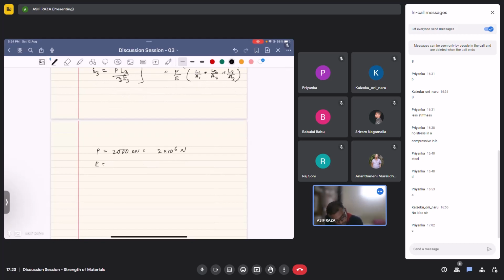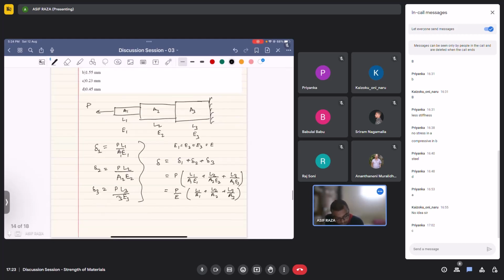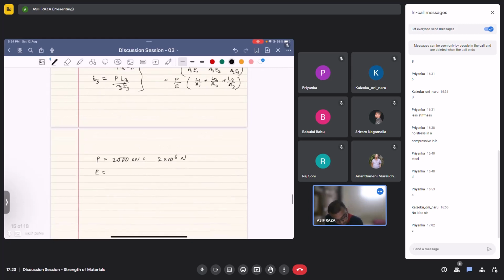E is given as 200 GPa, so this would be equal to 200 into 10 to the power 3 MPa, that is 2 into 10 to the power 5 MPa.